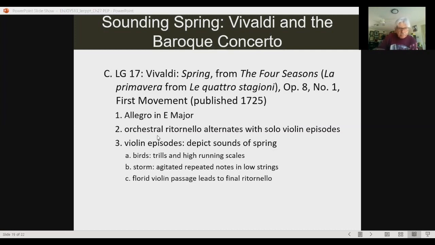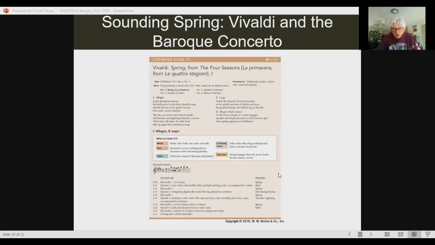So spring has this section called Birds. And it's undeniable that it sounds like birds, right? If you just implant that in your brain, and you hear these trills and high running scales, and then there's a storm section and the florid violin passage, right? So anyway, we'll try and point out those sections.